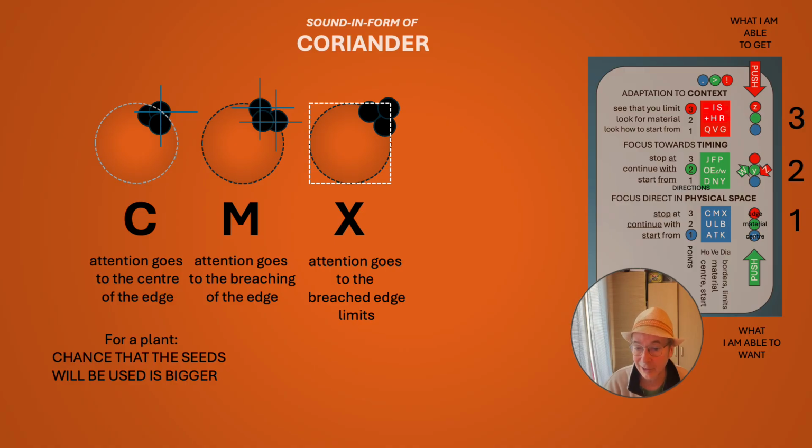So the chance that I will look into a foundation of the plant that is more important for my orientation, that I focus upon the seeds, is quite enlarged, if you ask me. So the chance that this is important for the plant is already much bigger.